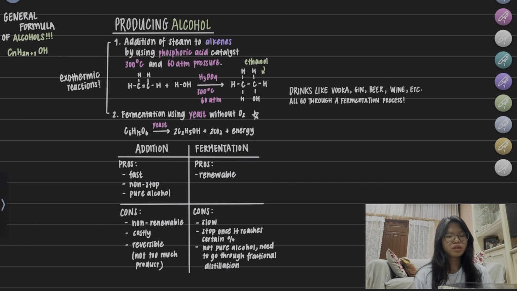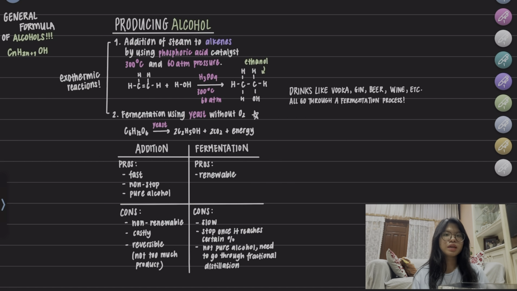So like I said earlier, drinks like vodka, gin, beer, wine, spirits, all alcoholic beverages, they use fermentation. That's why when we drink alcohol, it has this certain sour taste that is due to the production of alcohol through fermentation.